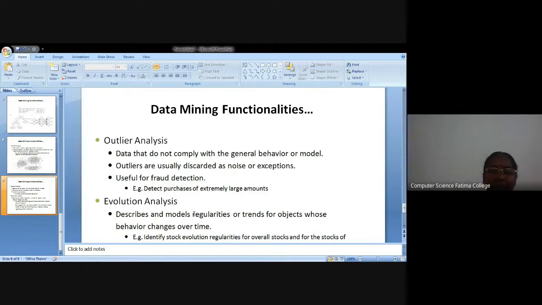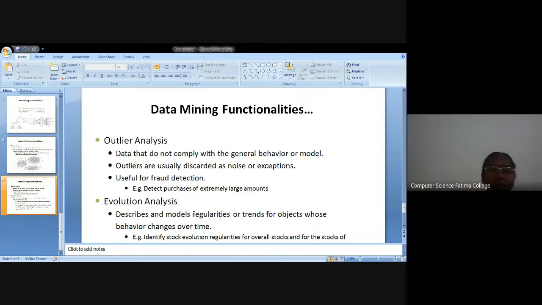Every day we will find transactions, and the balance should most probably be between 1,000 and 50,000. Suppose one of the customers is buying 5 lakhs worth of different kinds of items. That is considered fraud detection, detecting the purchase of an extremely large amount. This is also used to find the outlier data, which is useful for finding fraud.